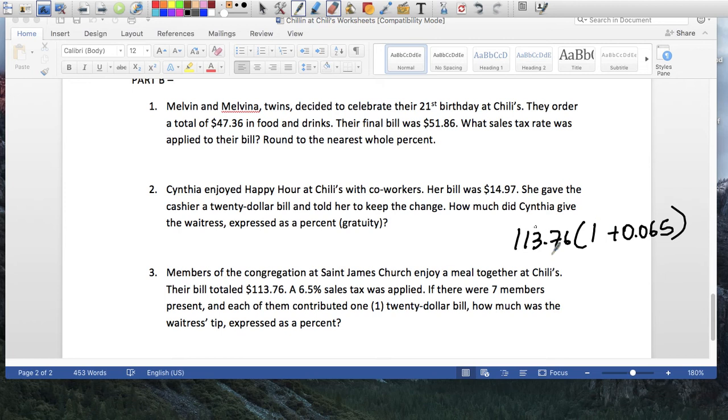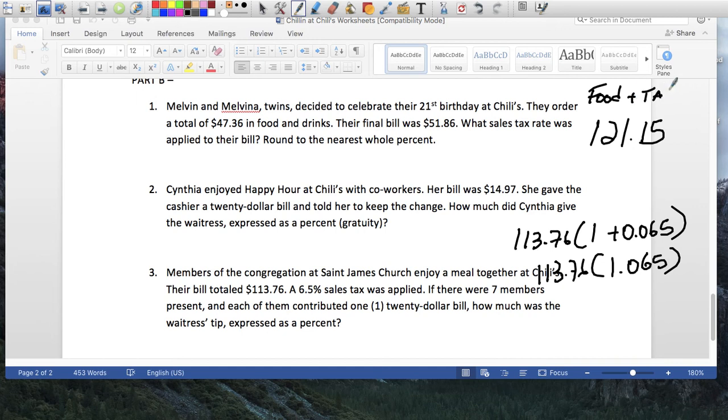Let's see how much the total bill is, because we have to pay 100% of the food plus the tax, so that's going to be 1.065. So let's multiply 113.76 times 1.065 equals 121.15. So that was their total of the food plus the tax.